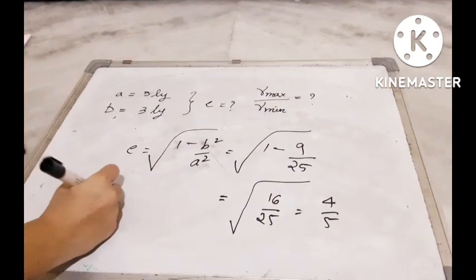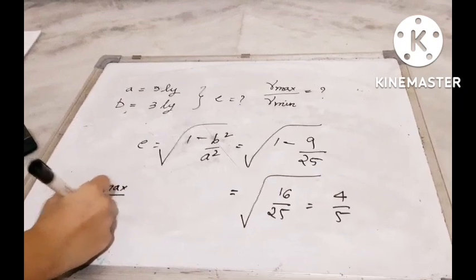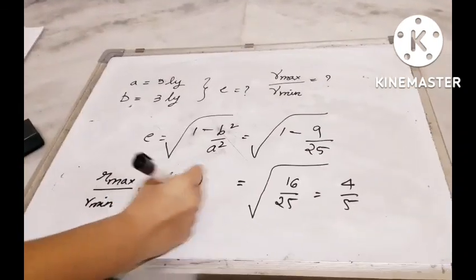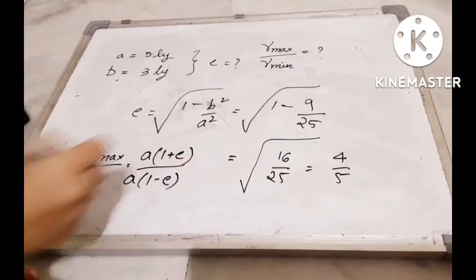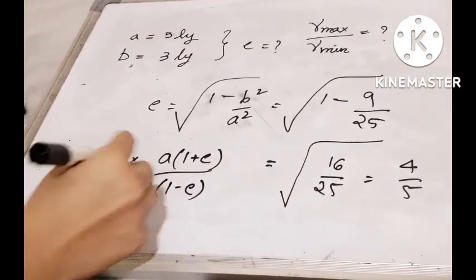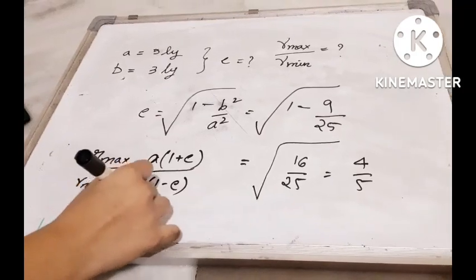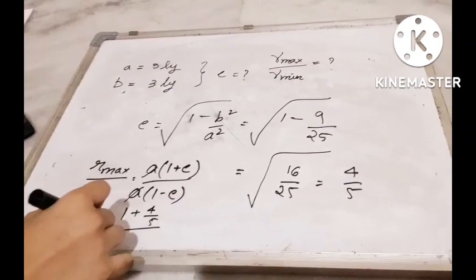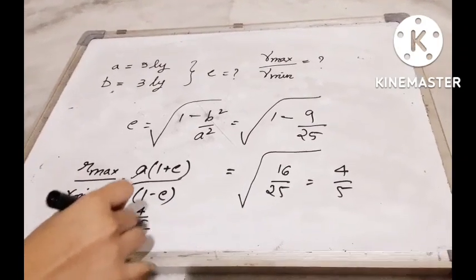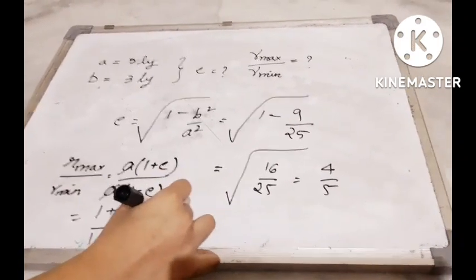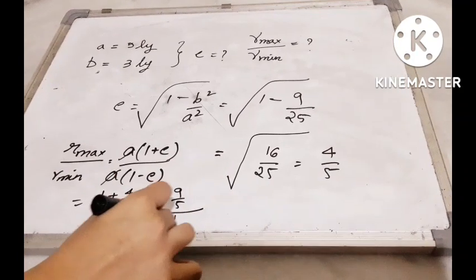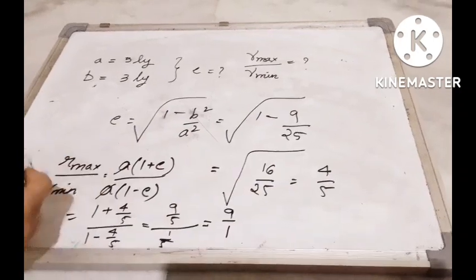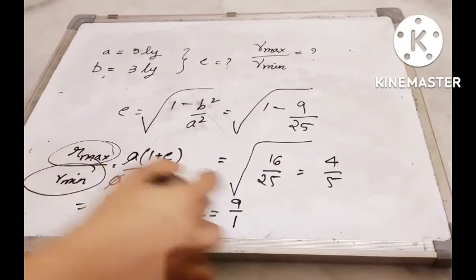I already told you that R maximum upon R minimum is nothing but A into 1 plus E, and A into 1 minus E. So when you solve this, A gets cancelled. 1 plus E is 4 by 5, so you get 1 plus 4 by 5 divided by 1 minus 4 by 5. So this will be 9 by 5 upon 1 by 5. So your answer comes to be 9 by 1. So the ratio of R maximum to R minimum is 9 by 1.